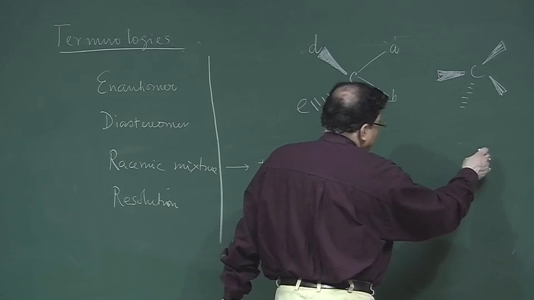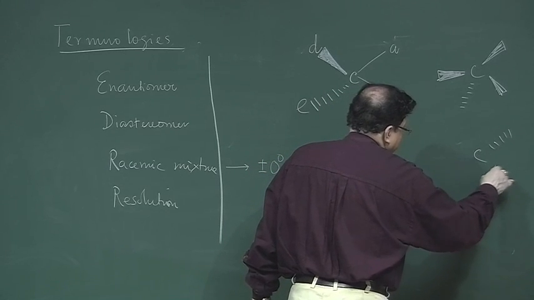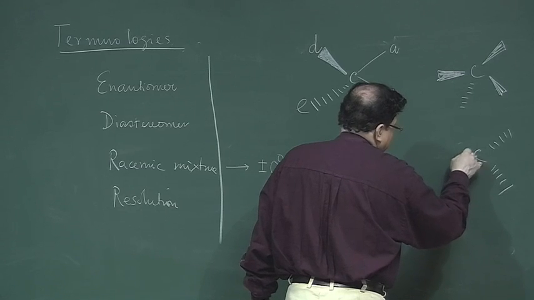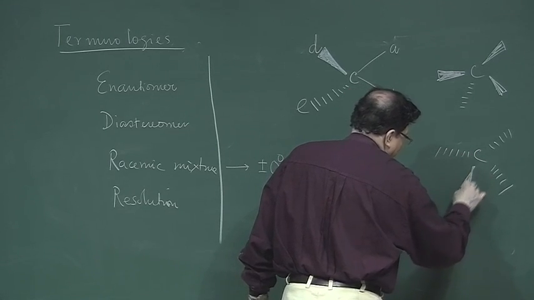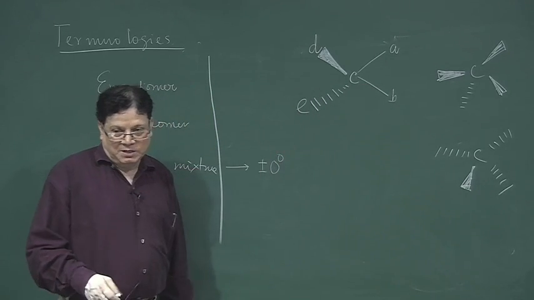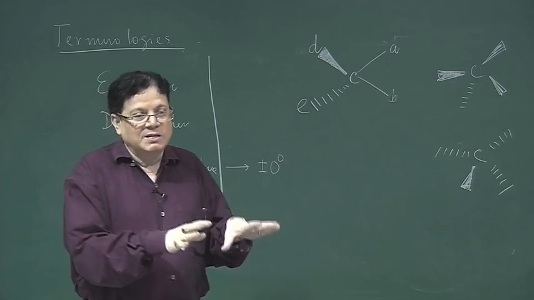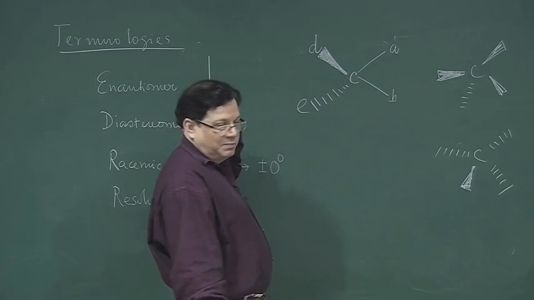And there is a third option, that 3 bonds are below the plane and the fourth bond will be above the plane. So, these are the 3 situations, and all 3 can be shown in this perspective formula.